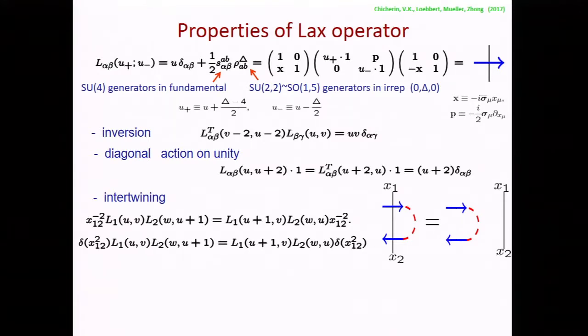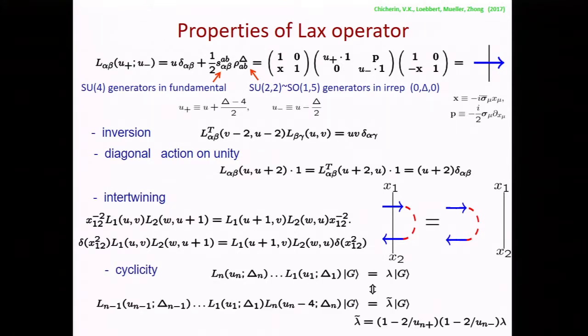We also have a similar property for the so-called cut of this propagator in Minkowski space, the delta function of x12 square. Everything is similar. There is a cyclicity. You can put the last L, L1, to the left.